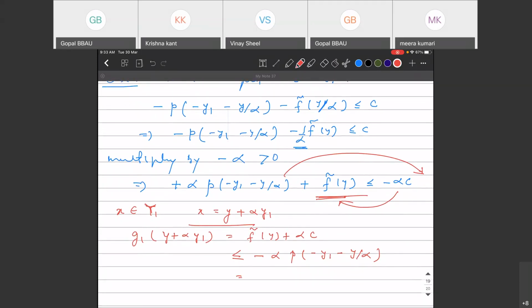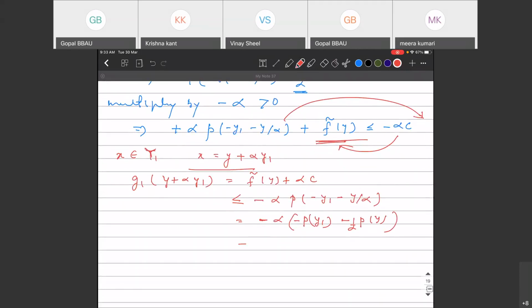Now use that p is sublinear. So this is minus alpha p minus y1 and minus p y by alpha. So multiply it by minus alpha, so you will get y1 plus p y.